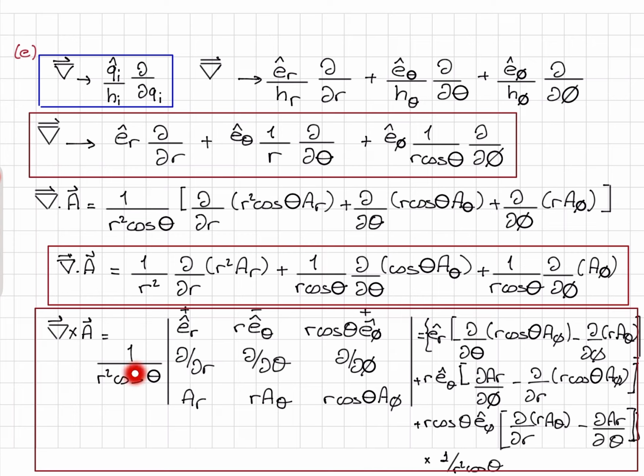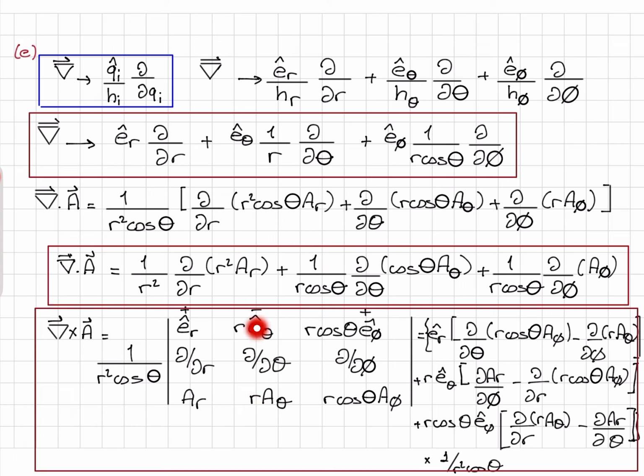For the curl operation, I have to write 1 over product of the scale factors determinant hr er hat, h theta e theta hat, h phi e phi hat, del del r, del del theta, del del phi, hr ar, h theta a theta, h phi a phi. So I substitute these here and do this determinant with respect to the first row. I have del del theta of this minus del del phi of this multiplied by er hat.